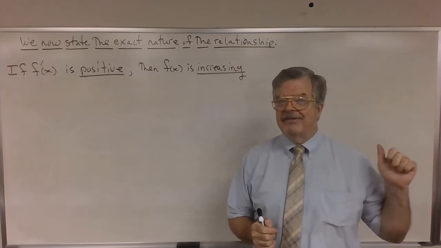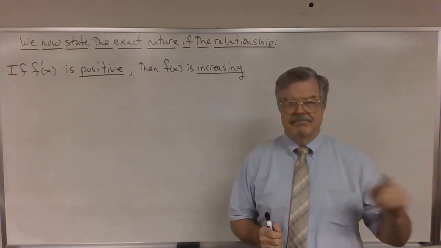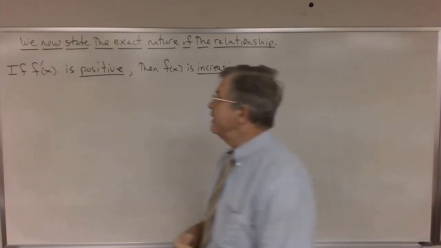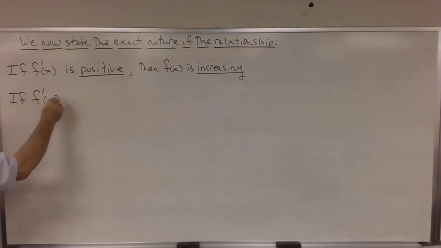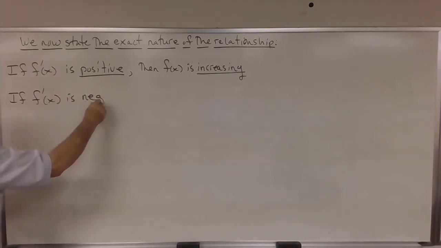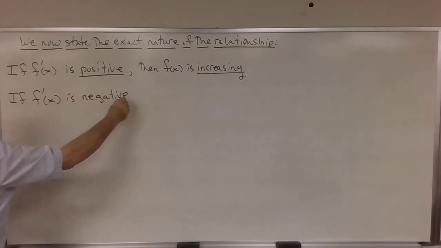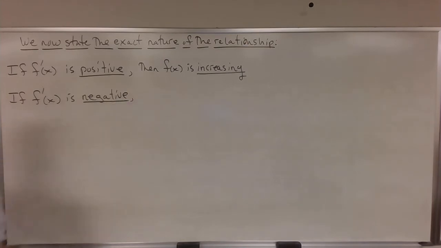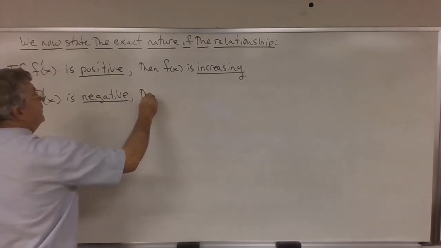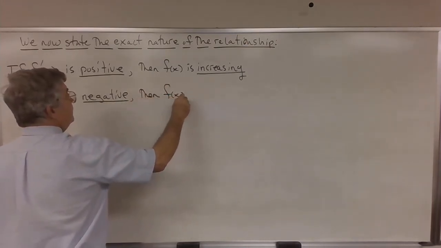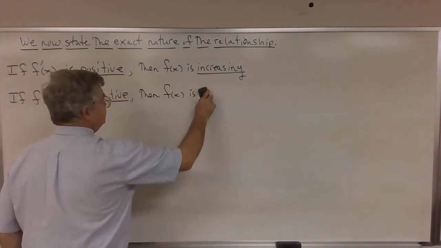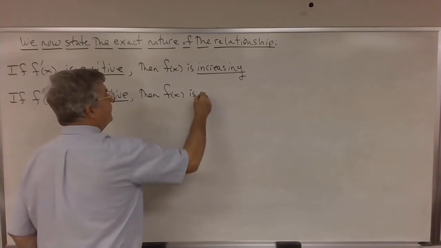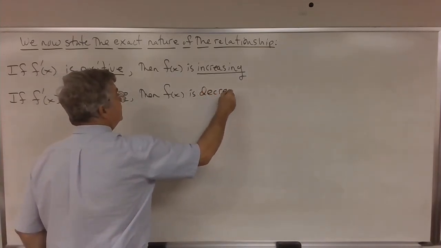If you're saying that the function's decreasing, you're right. So let's write that down. If the derivative is negative, then the function f of x, excuse me, is decreasing.